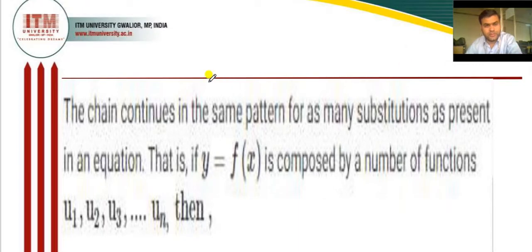The chain continues in the same pattern for as many substitutions as are present in the equation.